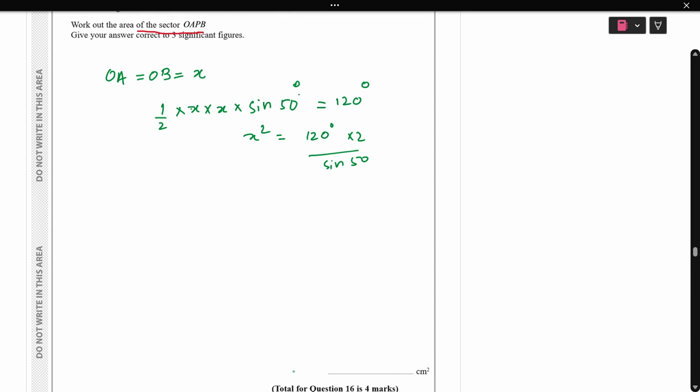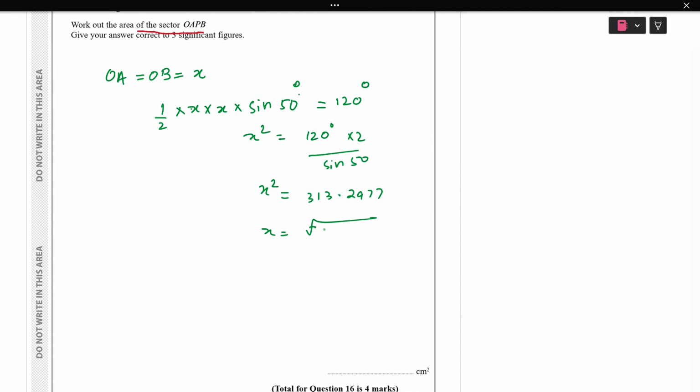So we get x squared equal to 313.2977. So we'll take the square root. X equals the square root of 313.2977, so x equals 17.7. Okay, now we got the x, now we got the side.